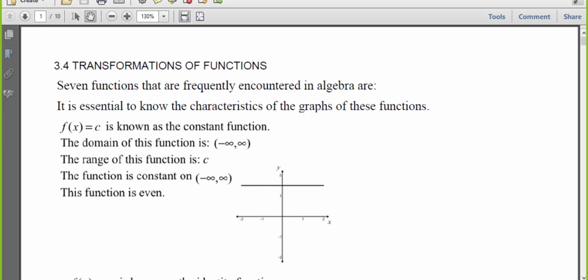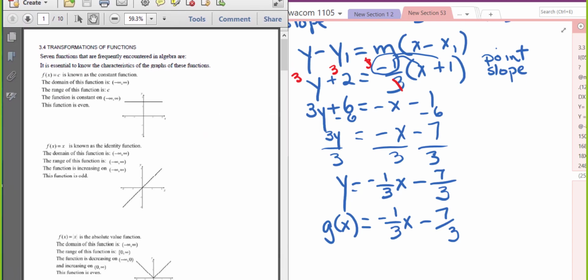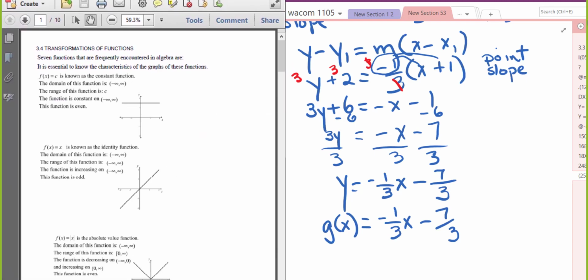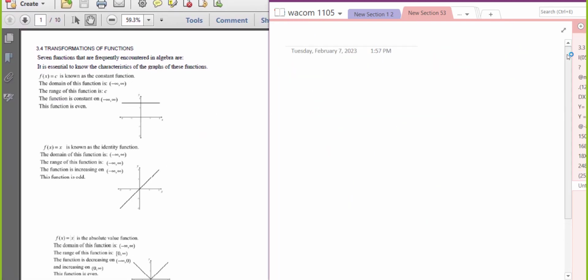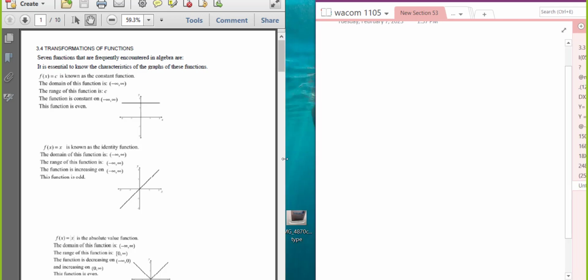You're going to have some graphs that you should memorize. Not real user-friendly there, huh? Let's see, can I go a little bit bigger?